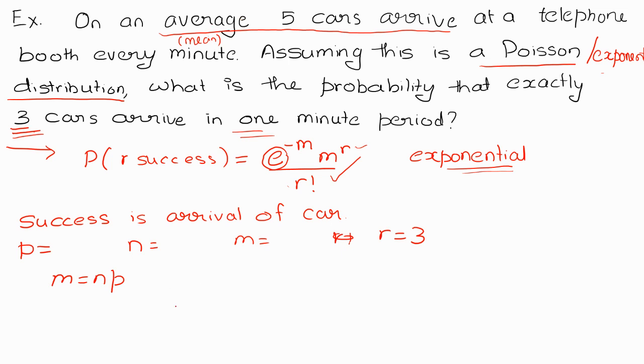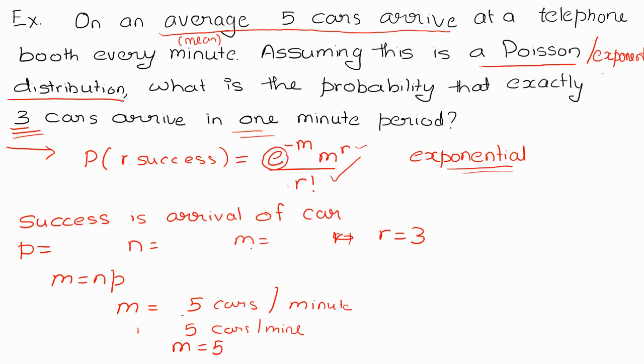So what is given? Average, that is m. m is five cars arriving per minute. Five cars per minute will be the average rate of arrival. Therefore my m value will be 5 in this case.